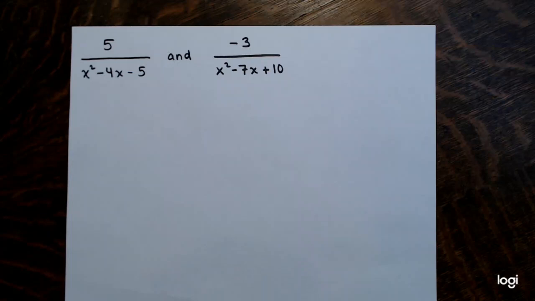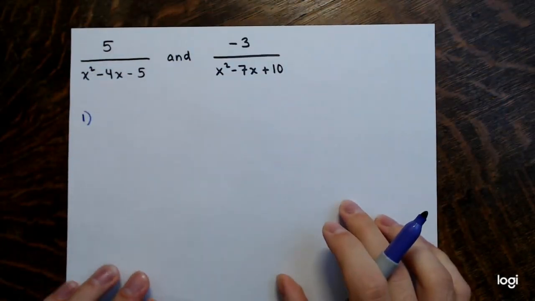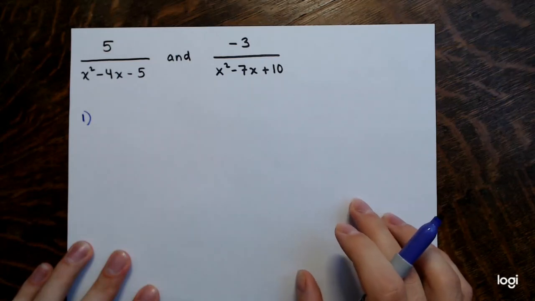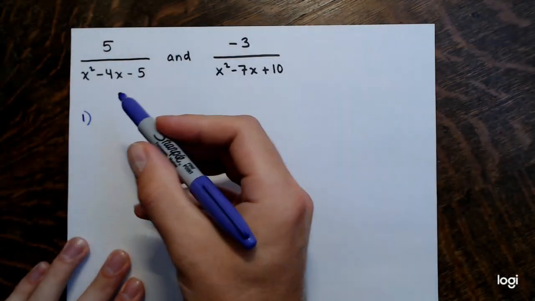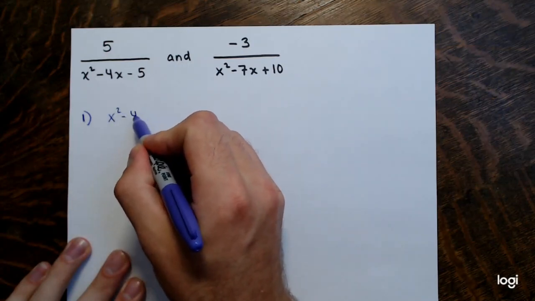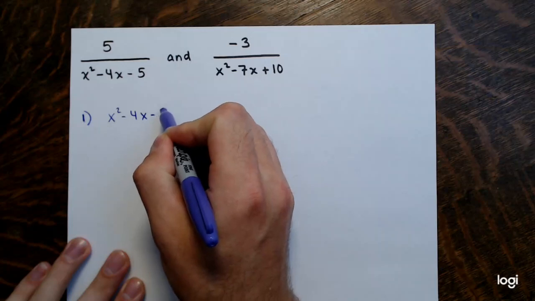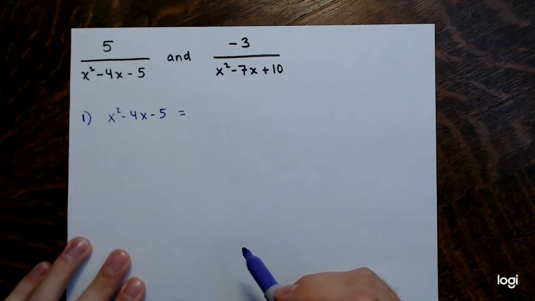All right. So first, part 1, let's find the LCD, the least common denominator, the least common multiple of the denominators of these two fractions. The first denominator, x squared minus 4x minus 5, I'm going to factor completely.